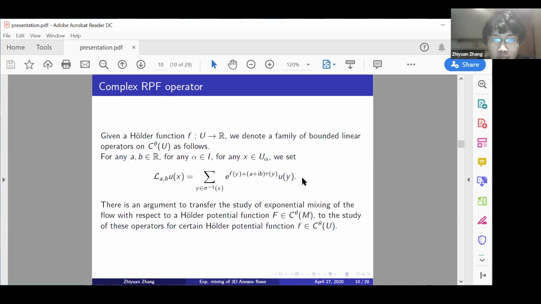You consider this operator, e to the f, and you apply a plus i b, this is a complex number, times the return time, and you act on U. This is what I just said.